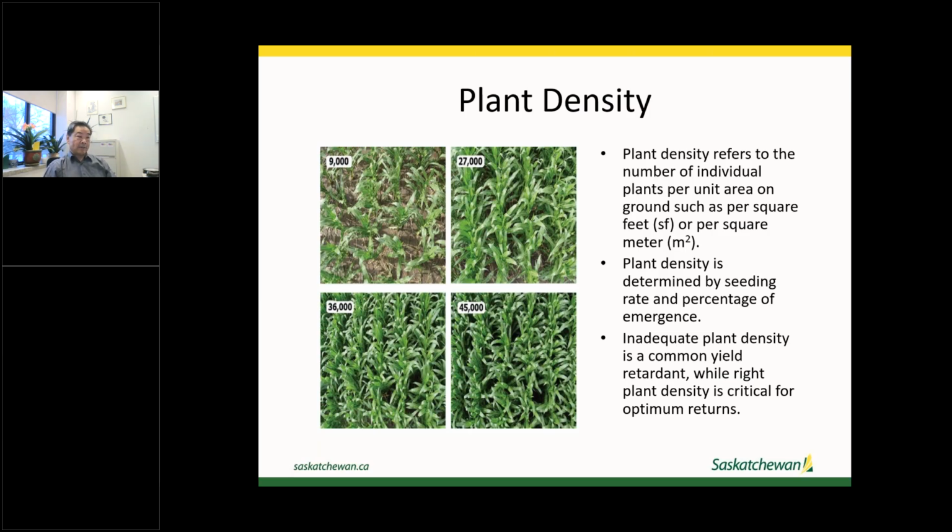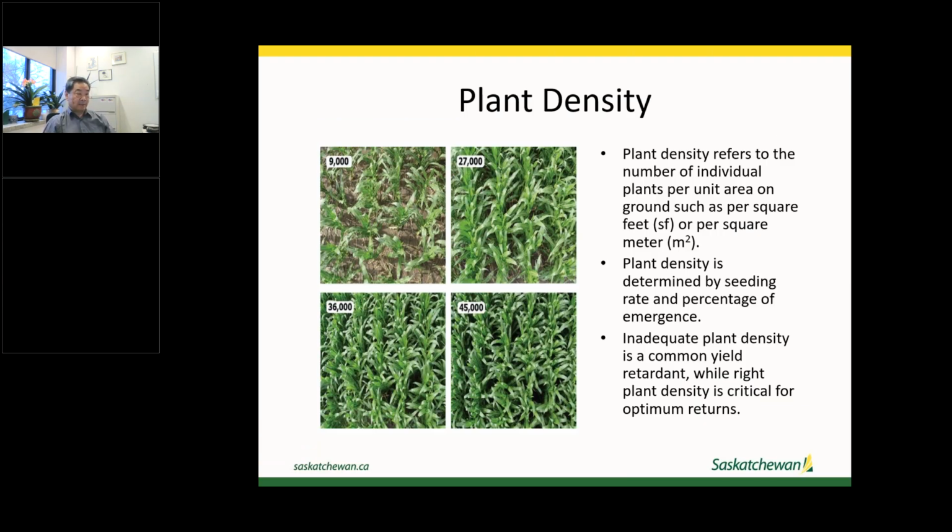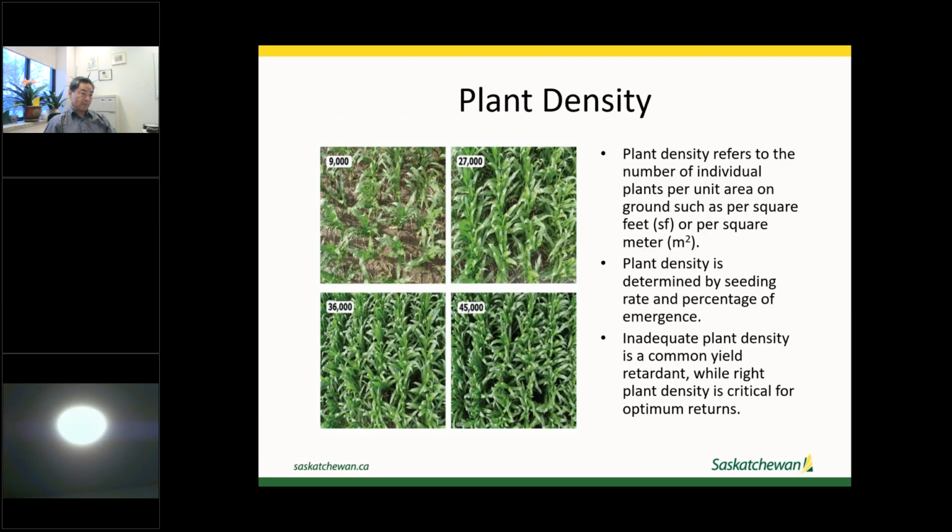Plant density increases as the seeding rate increases, but decreases with poor seed emergence. Inadequate plant density is a common yield retardant, while the right plant density is critical for optimum economic returns.